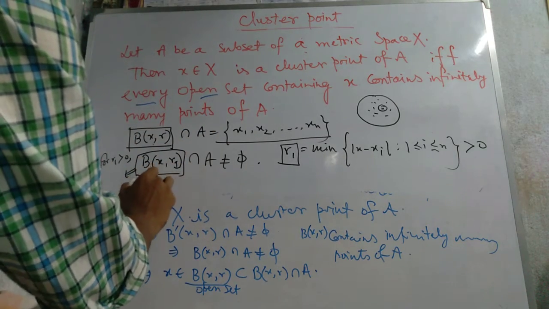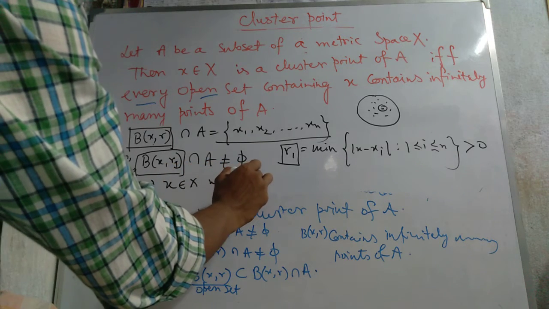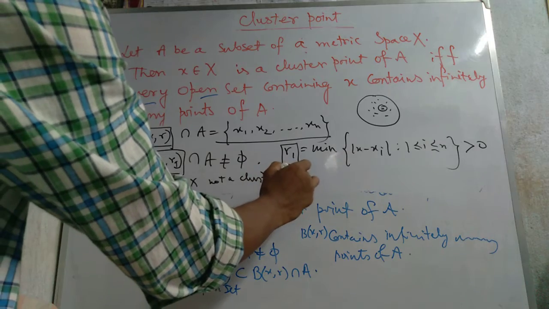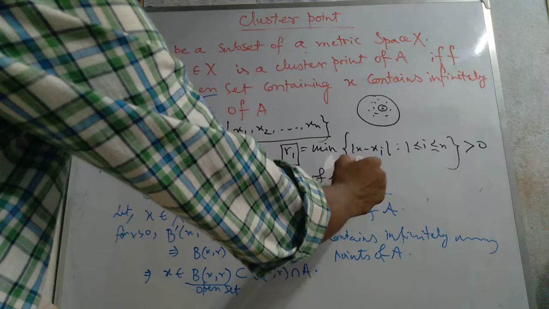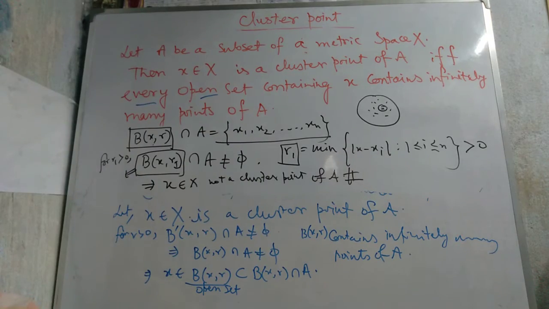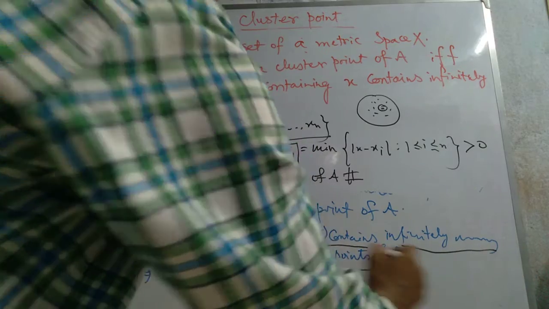So this implies that x is not a cluster point of A. This is a contradiction. Okay, so B(x,r) contains infinitely many points of A.